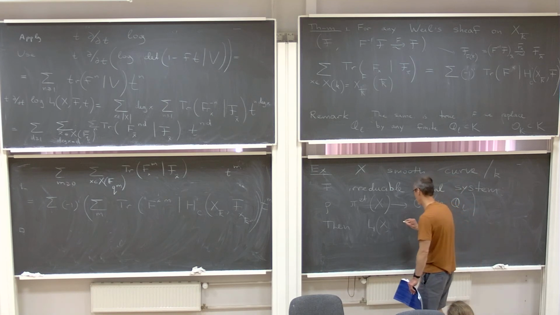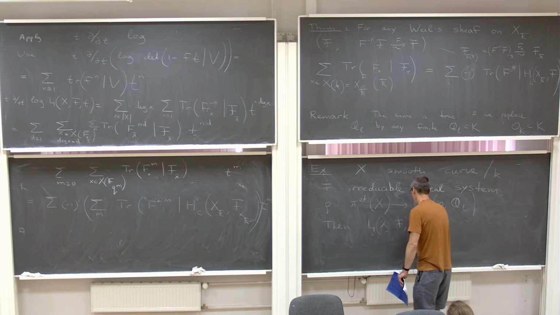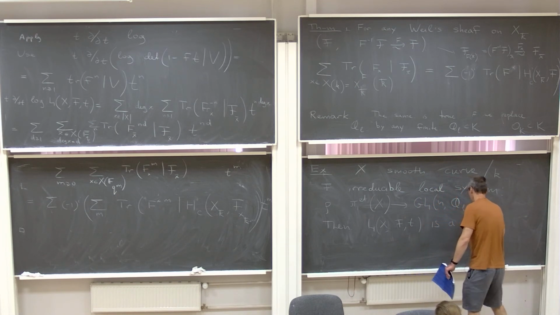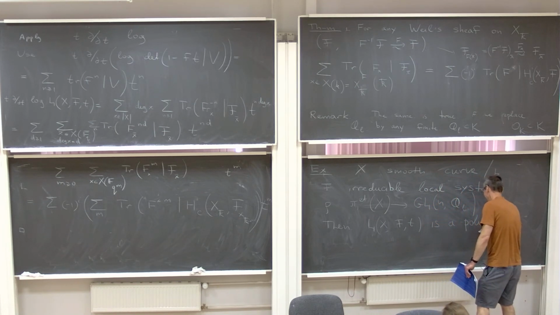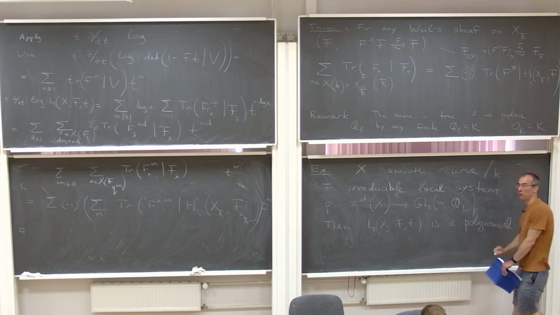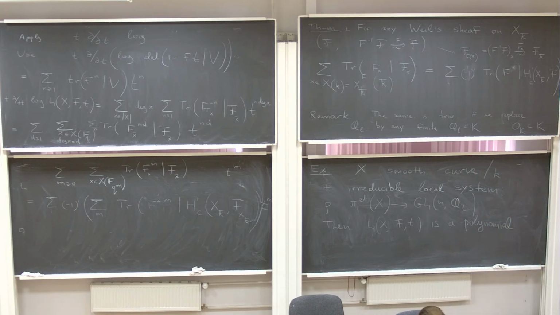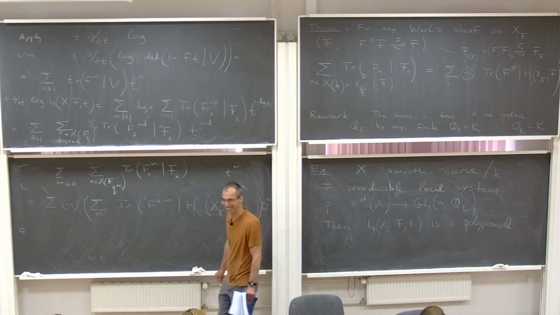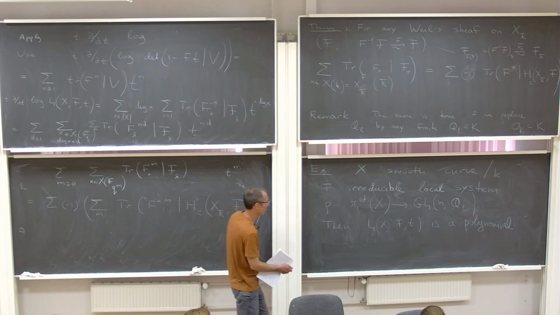So it means that the L function of f, as a function of t, is a polynomial. That's what it means for a rational function to be entire, sorry.